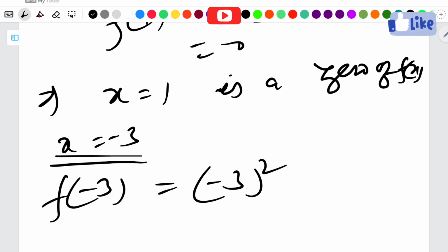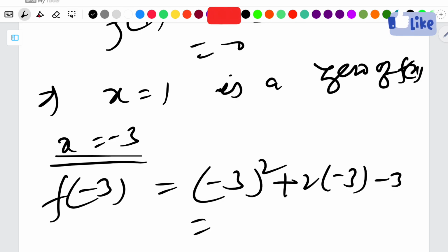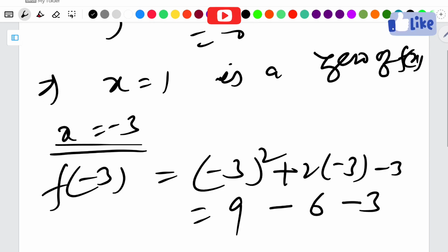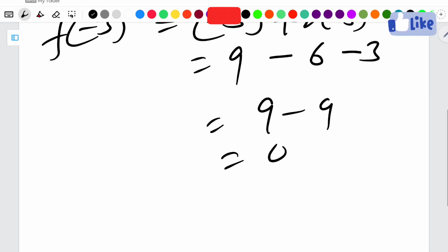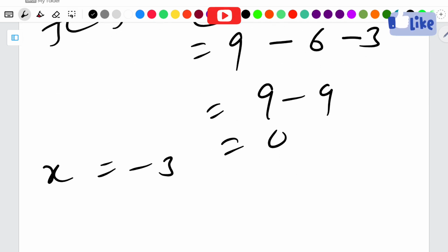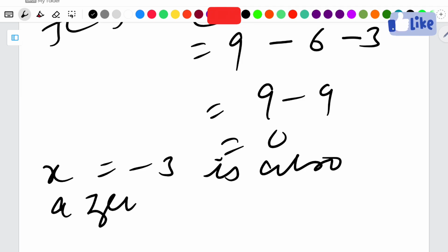Square of -3 is 9, 2 into -3 is -6, and this is -3. So you're getting 9 minus 9, which is again 0. That means x = -3 is also a zero of f(x).